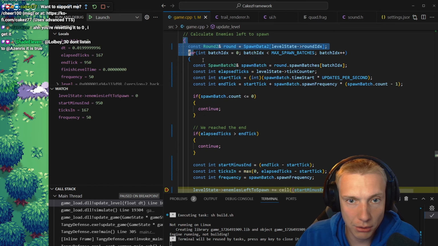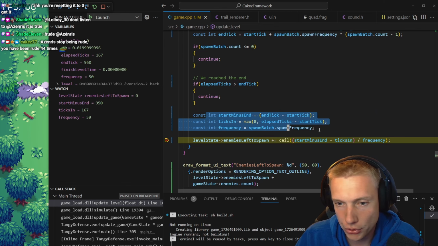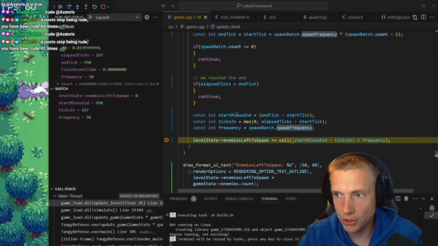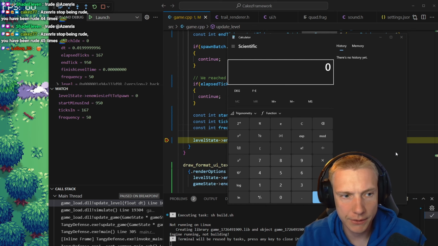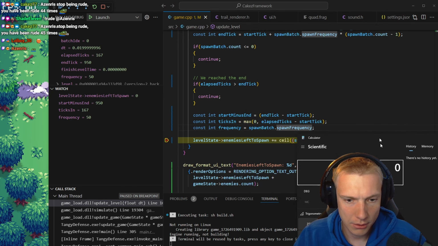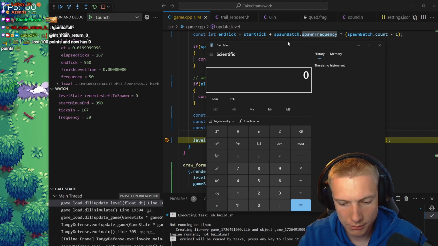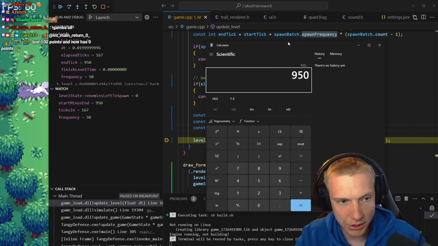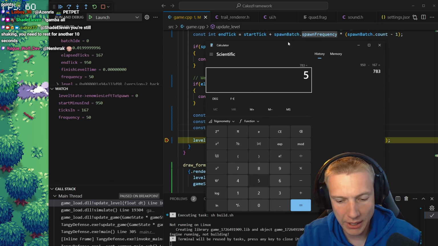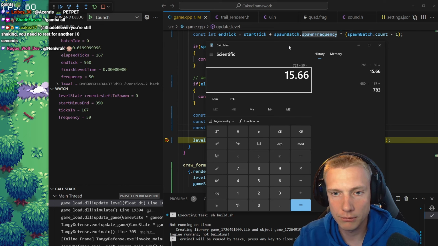And so I need to go through all of the batches and calculate how many enemies are supposed to spawn. And this is what we have here. And if we do the calculations, right now we have, let's see here, 950 minus ticks in, 167, and then we divide that by 50, which gives us 16 because we round this up.